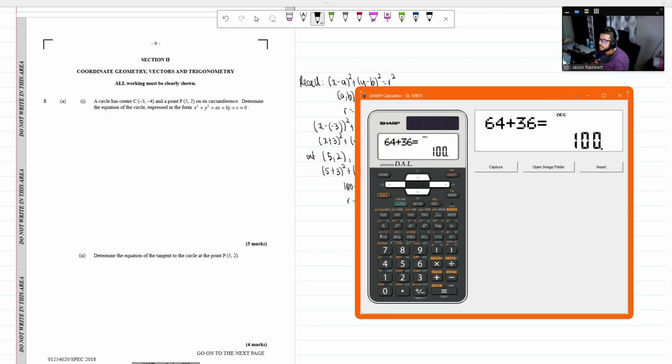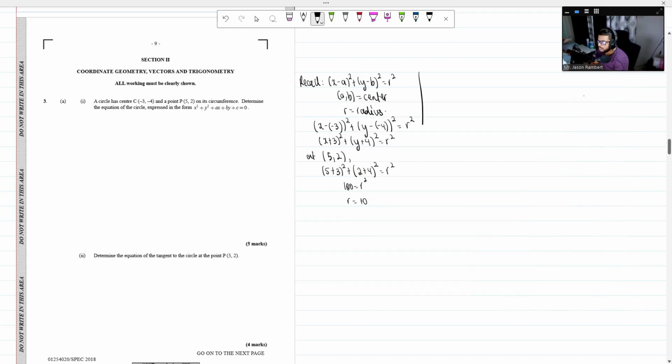So my radius is 10. Since my radius is 10, I can now say the equation is x plus 3 squared plus y plus 4 squared is equal to 10 squared.